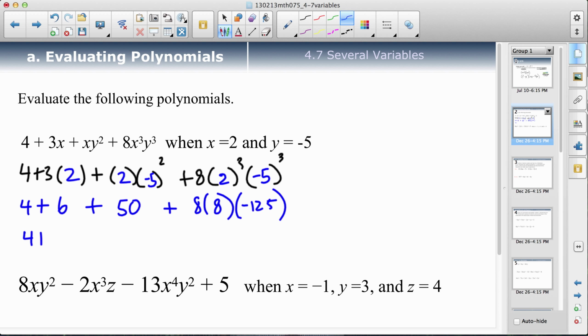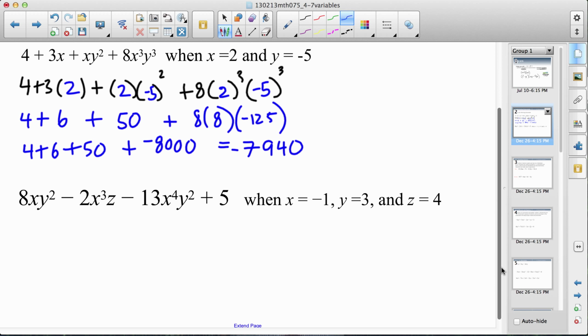So I have 4 plus 6 plus 50 plus, I said negative 8,000. Okay, I don't have enough room to keep going, but then I will just add these. So that would be 60. So I'd be 60 off of that, so 7,940 to the negative side. Okay, so that's how you can do that one.